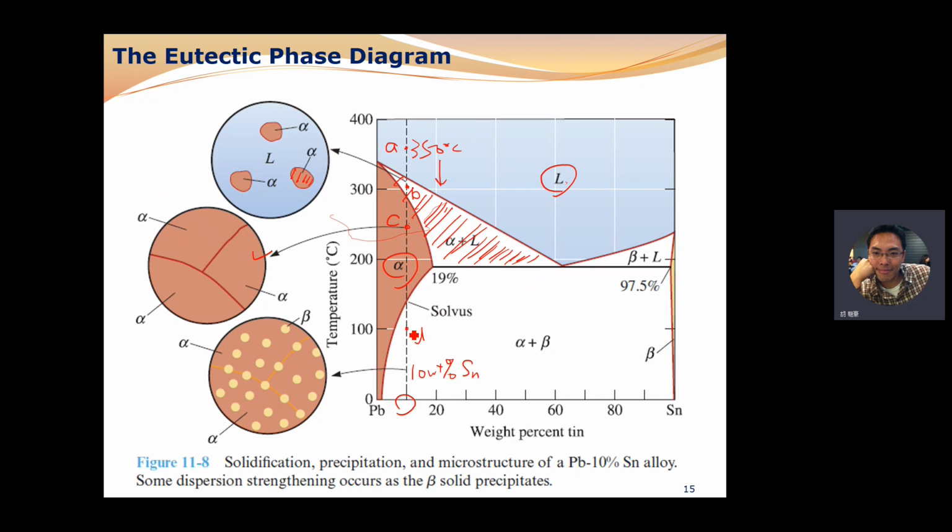Because in this region, there are two solid phases, alpha plus beta. Therefore, the beta phase forms here.